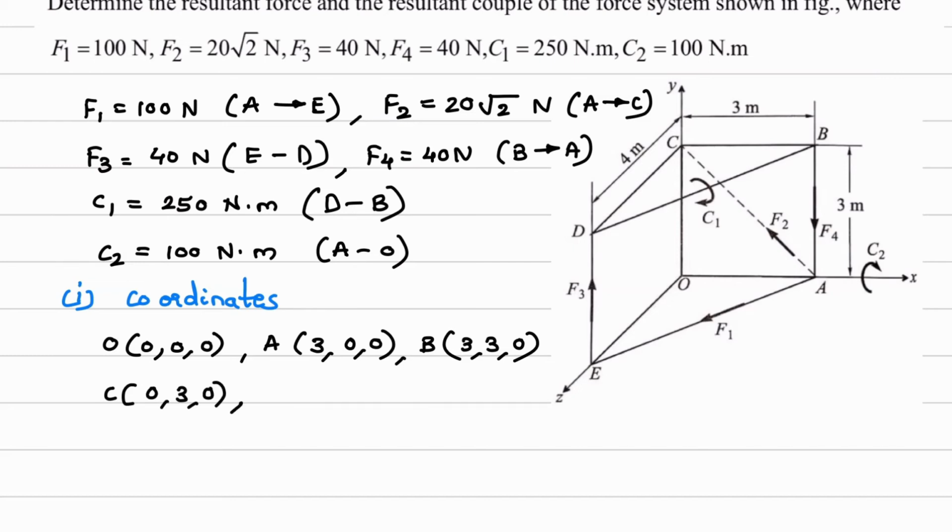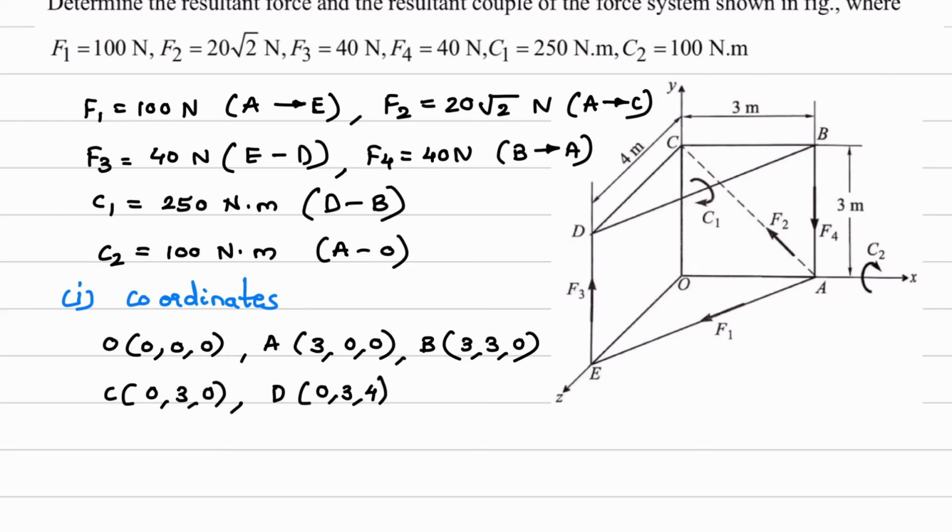Then point D. Coordinate of point D. X is 0, y is 3 meter, and z is 4 meter. So D is 0, 3, 4.